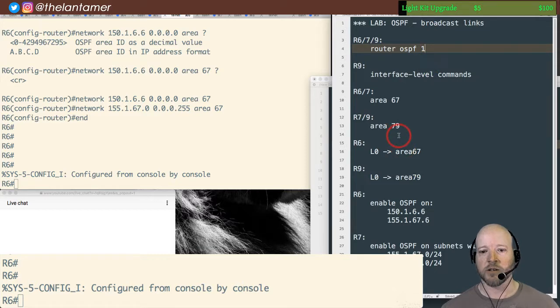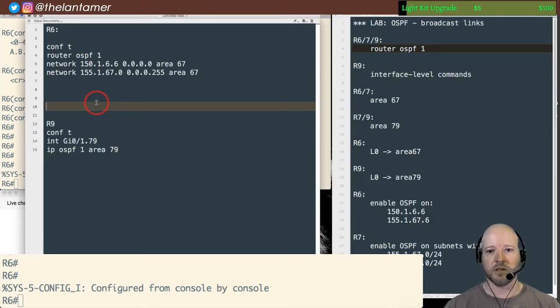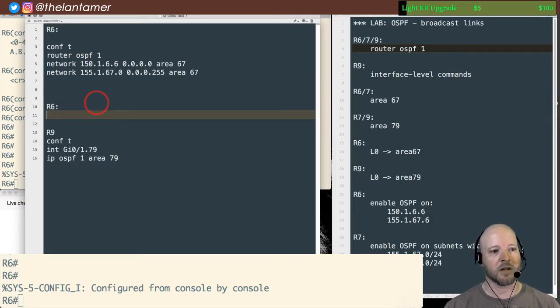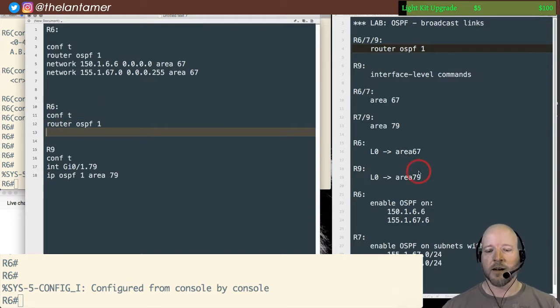Now the router in the middle, router 7. For him, what we need to do is, like router 6, we're going to use the router configuration mode, router OSPF 1, and he is going to be in both areas. So which interfaces does it want us to use? All right, 67 and 79. So this should be pretty obvious, right?